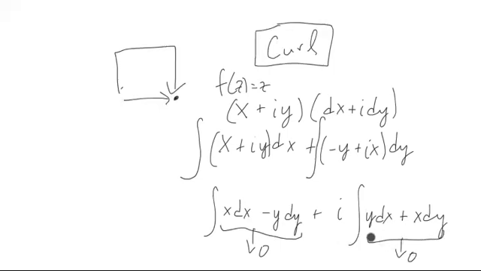Another way of detecting that curl is zero is seen by actually looking at the derivative of z itself, as a vector, with a vector output, so x and y output.